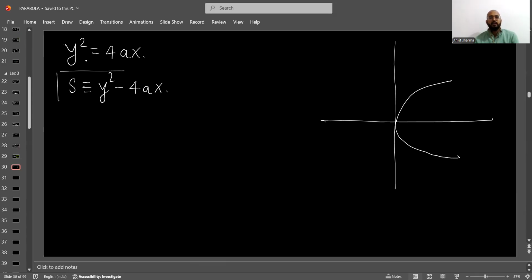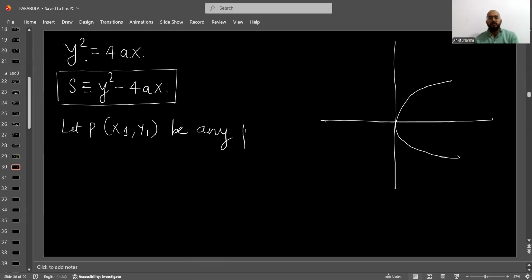Now onwards we'll be writing S is equal to y square minus 4ax. Now understand this. Suppose I have a point P, x1 comma y1, any point in the plane where this parabola is.